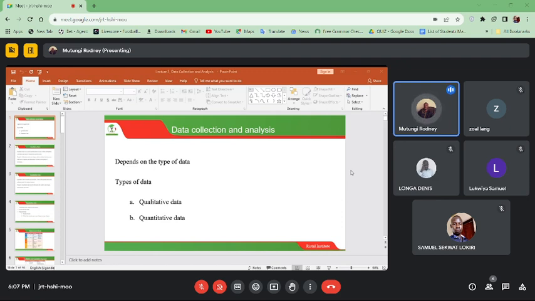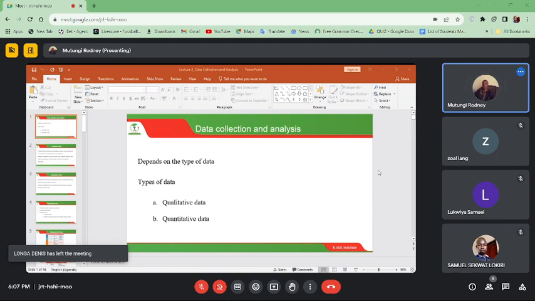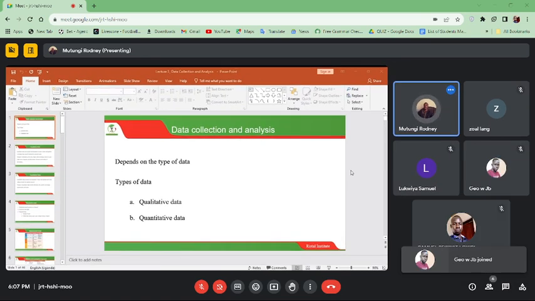So last time when we met, which was I think on Wednesday, we looked at how programs are really structured. We looked at how programs flow, from the word go, where we have activities, they link up to outputs, and those outputs link to the outcomes, and then the outcomes link to the impact.